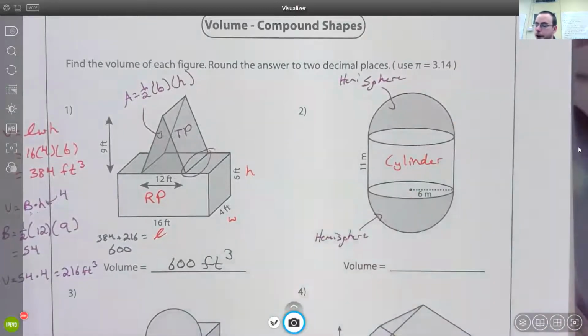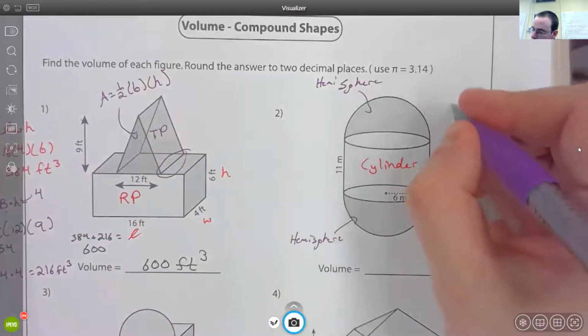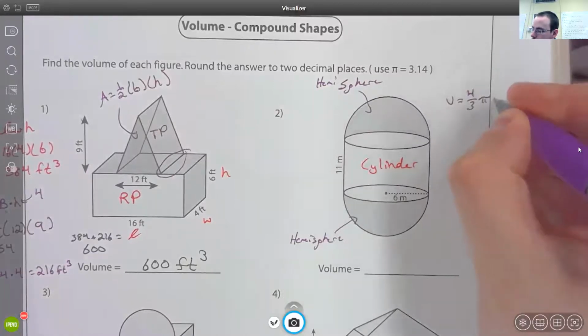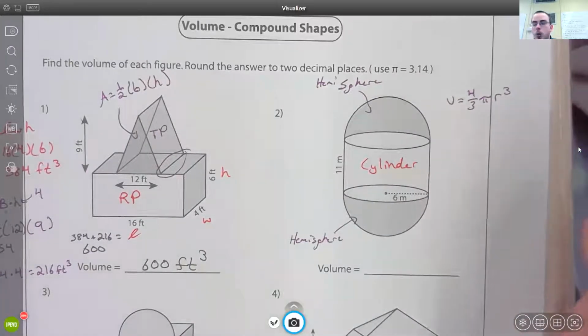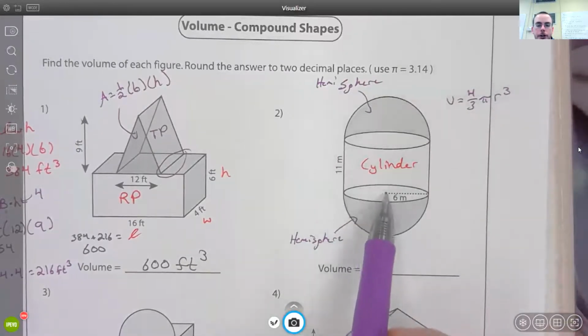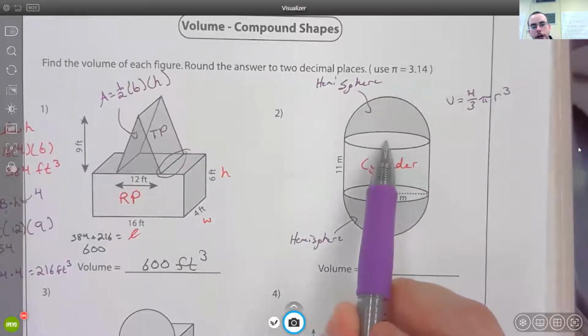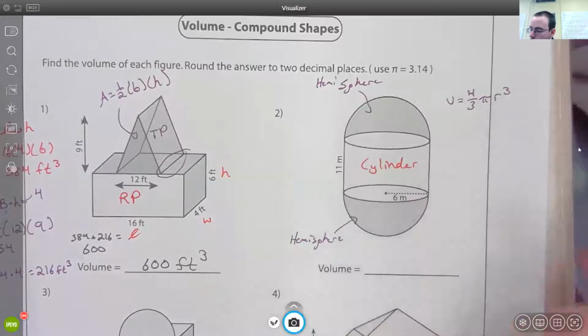Let's find the sphere first. The volume of a sphere is 4/3 pi r cubed. The radius of our cylinder is 6, and the hemispheres are sitting on top of it, so the radius of our hemispheres is 6 as well.